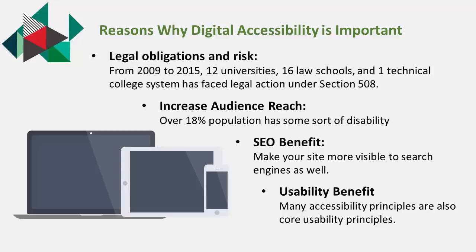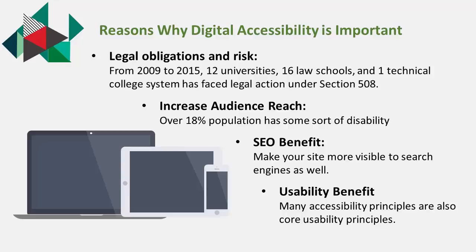And second, increase audience reach. Over 18% of the population has some sort of disability. They rely on assistive technology to read your website. Third, SEO benefit. It can also make your website more visible to search engines as well. For example, many websites now support being searched by the transcript.